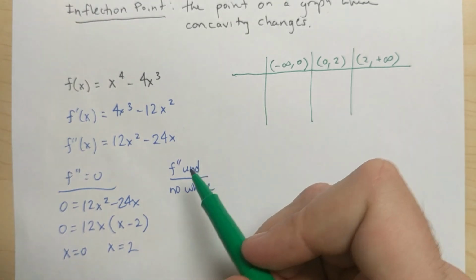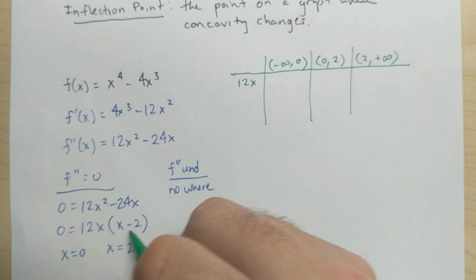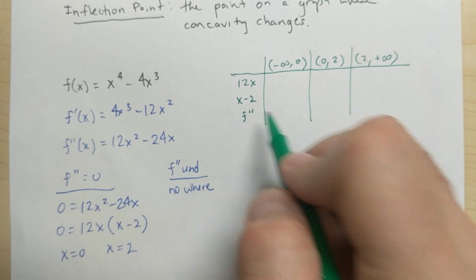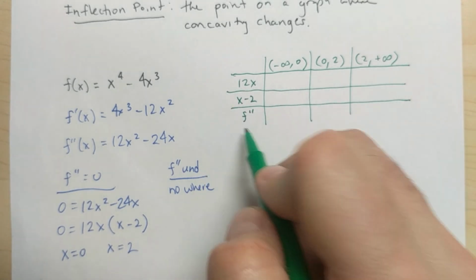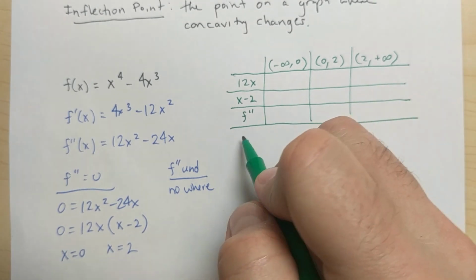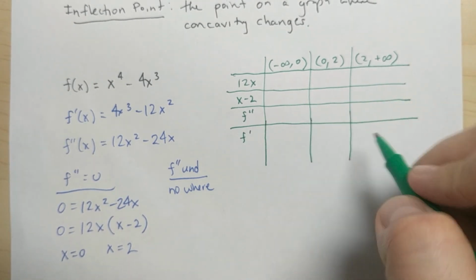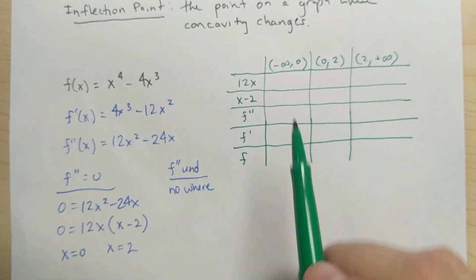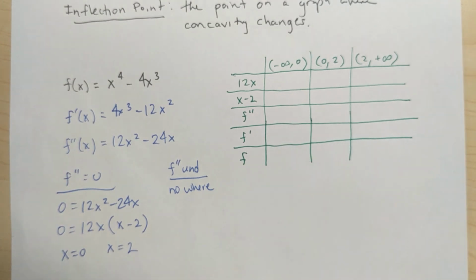Well, I was able to factor it into 12x times x minus 2, and that builds f double prime. What I'm also going to do is extend my chart here to have f prime and then f. That way I can show you, when f double prime is this, these are the things you can conclude about f prime and f.